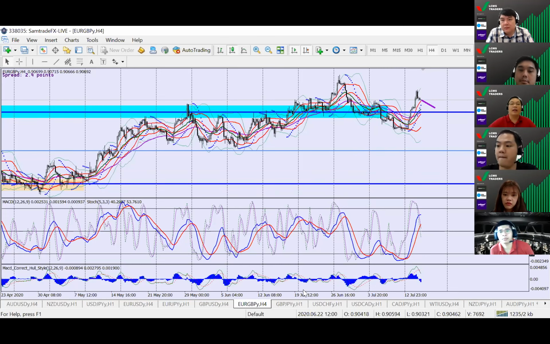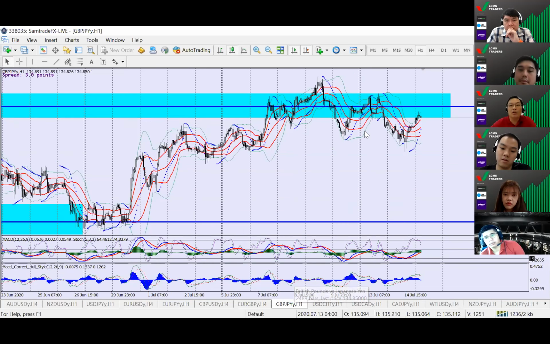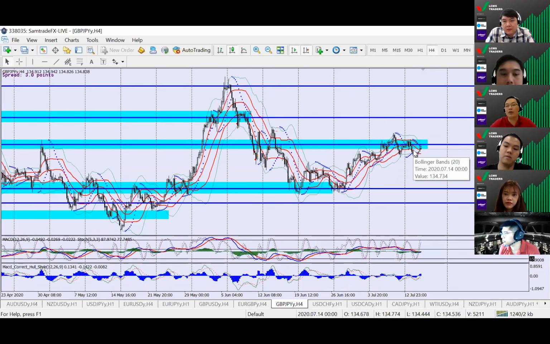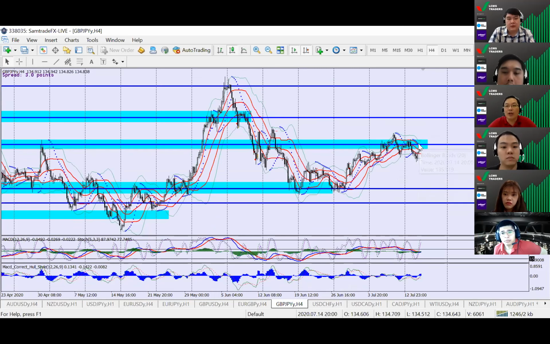Okay, and lastly, I'm looking at the pound yen. So pound yen, it's similar to what I mentioned. Interestingly, I look at the 4-hour chart. Yesterday, because of the news of the UK GDP, it went down before it again went up to have a recovery and retested the 1.3514 resistance level.